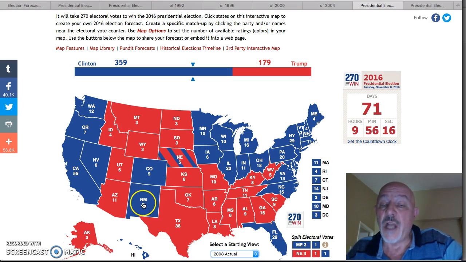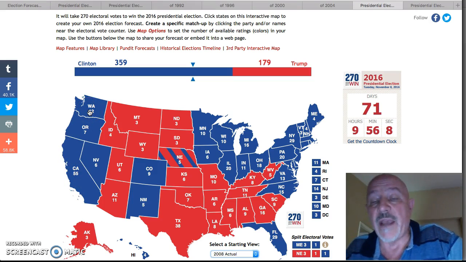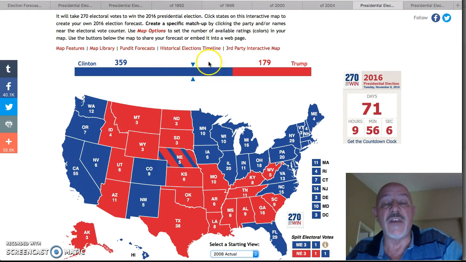He picked up Colorado and New Mexico, also Nevada, and then the 3 Pacific states that generally go Democrat stayed with him. So we ended up with 359 votes on the Democratic side, 179 on the Republican side.